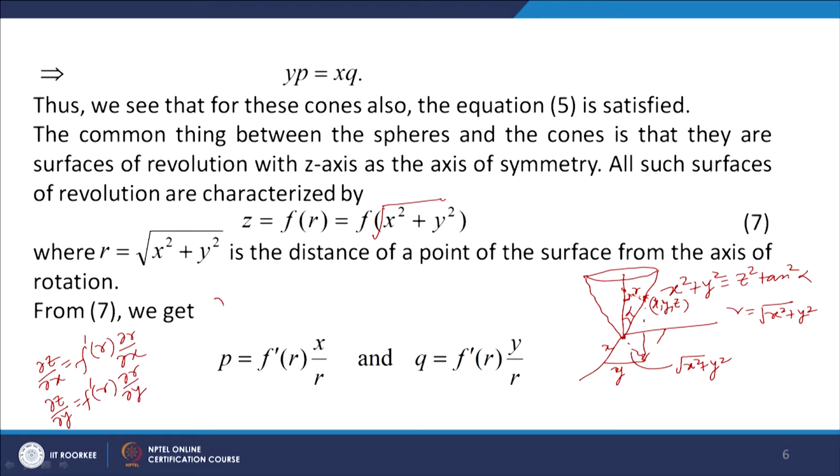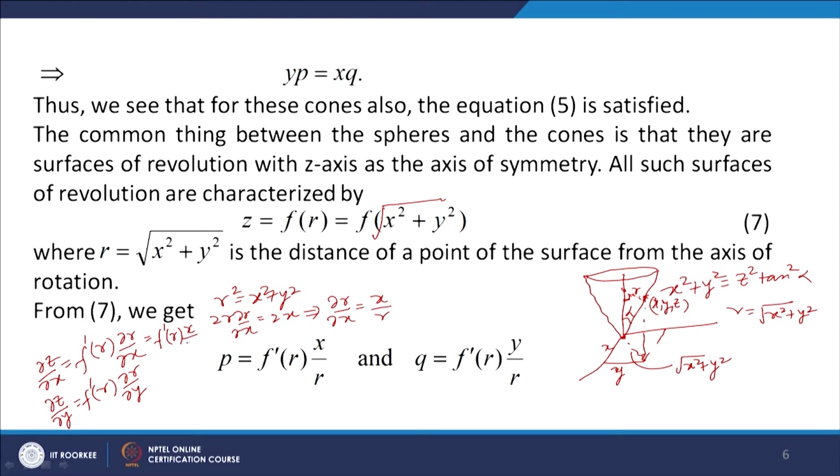Now, r square is equal to x square plus y square. So, you can see 2r del r by del x equal to 2x, and we get the derivative of r with respect to x equal to x by r.